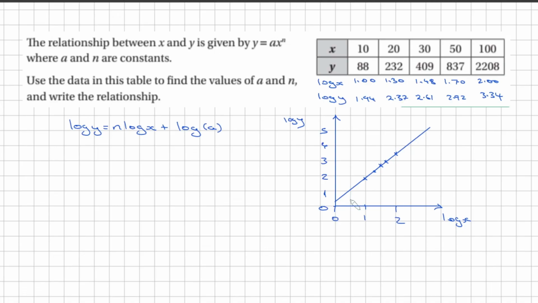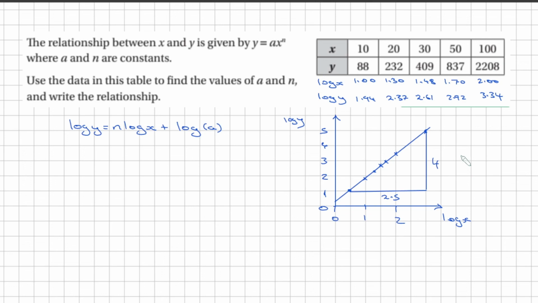So first of all, let me look at the gradient. Now, I can see a nice coordinate there that I could pick, and a nice coordinate up there where it crosses the corners. So if I did that, we're going up by 4, and I've gone across by 2.5 by the looks of it.